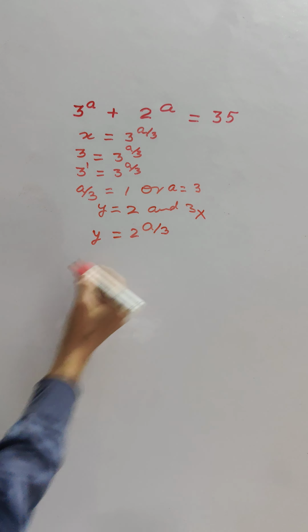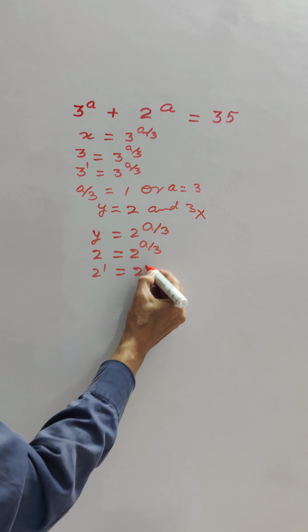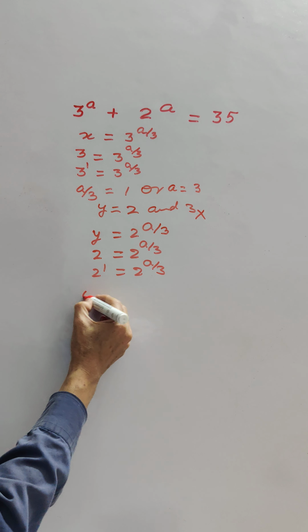So this is cancelled. Taking 2, 2 is equal to 2 power a upon 3, or 2 power 1 is equal to 2 power a upon 3. If bases are equal, exponents must be equal. A upon 3 is equal to 1, or a is equal to 3. In both the cases, the value of a is 3. So this way, a equal to 3 is the correct solution.